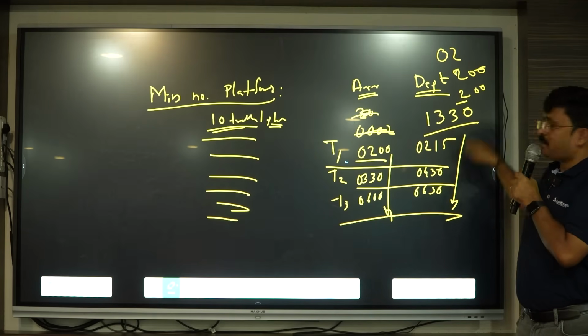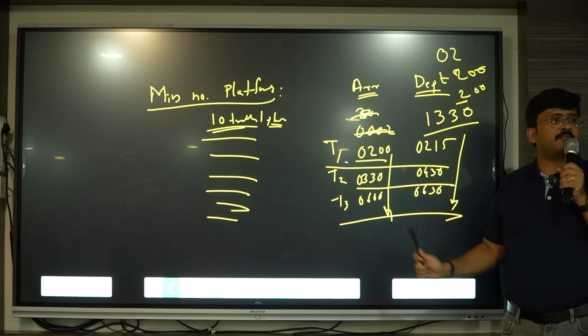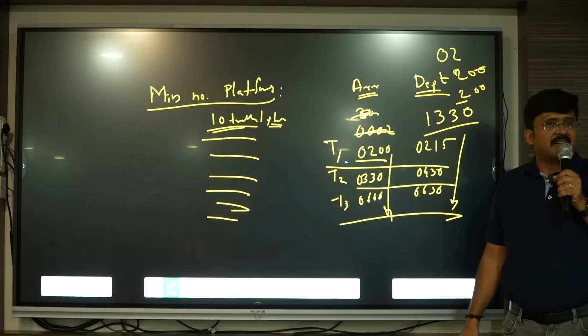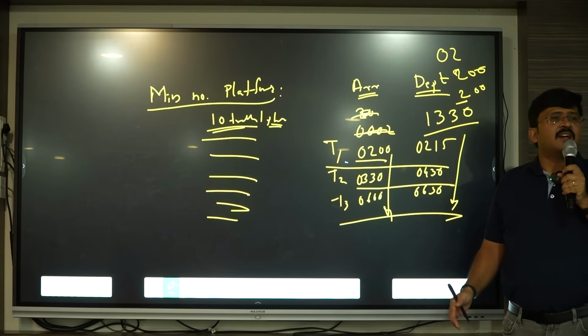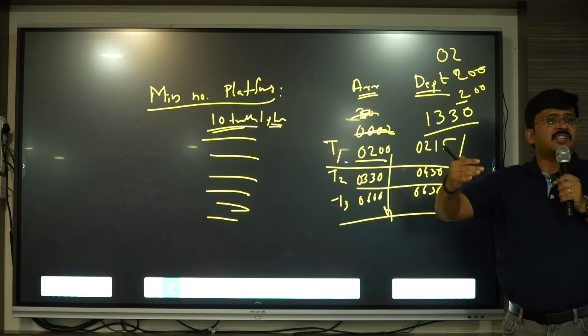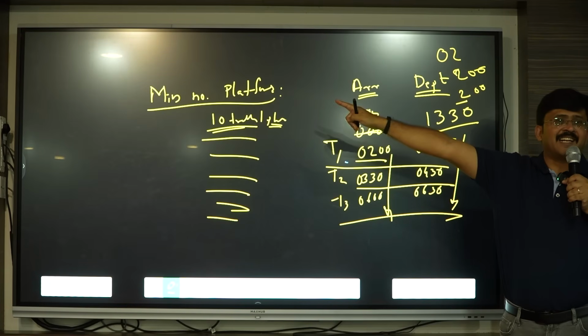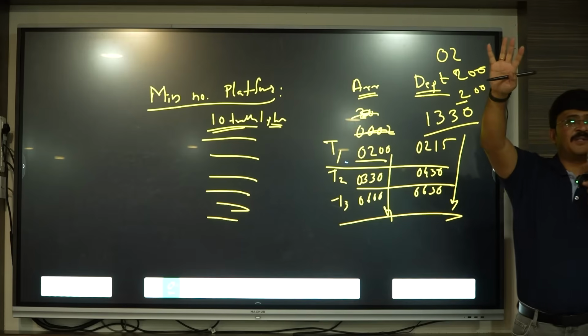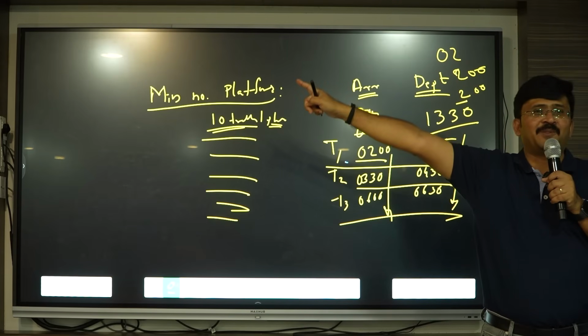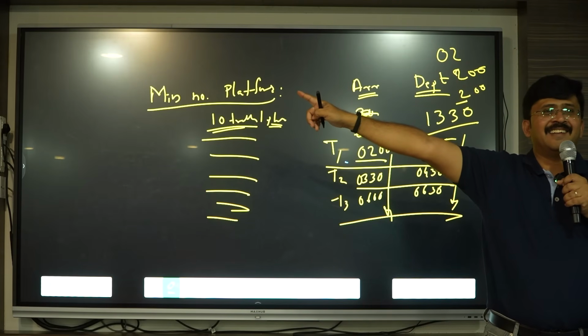You have arrival time and departure time. You have to find the minimum number of platforms such that when a train arrives at the station, it has a place to park. It is not asked to wait outside the city. Has it ever happened to you that you arrived in Bangalore and your train was asked to wait? You have experienced that?